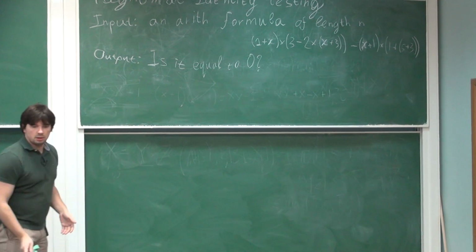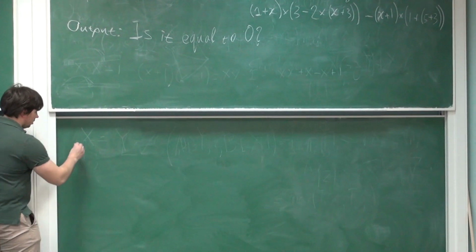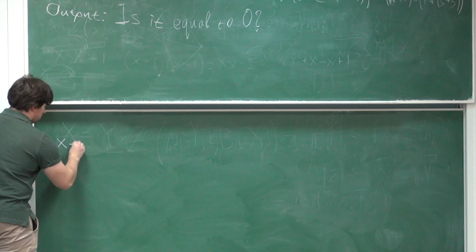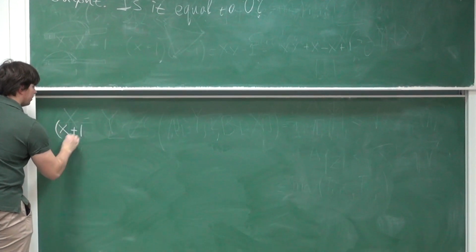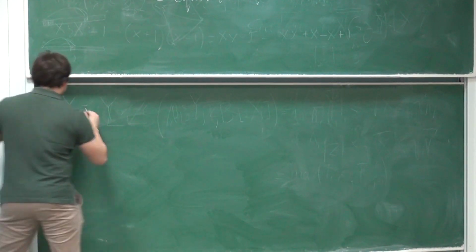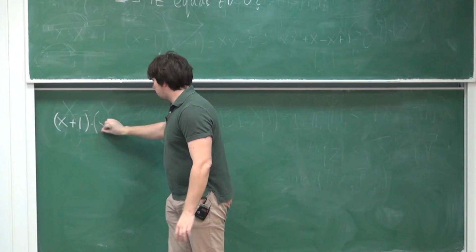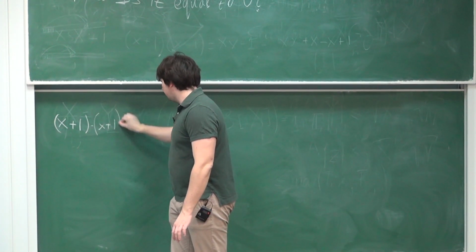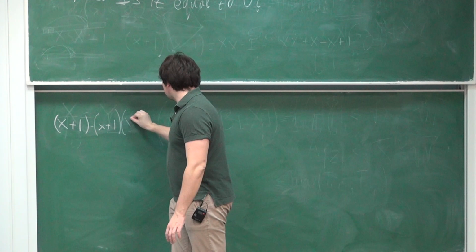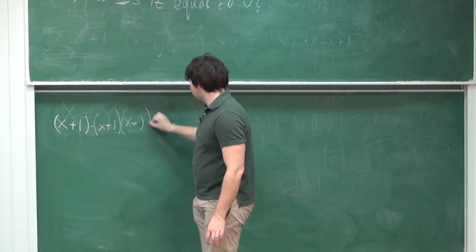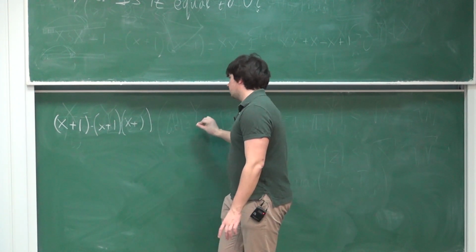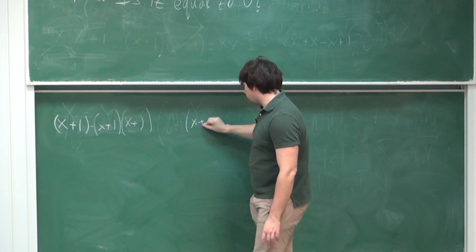So here is a formula. So we have x plus 1 times x plus 1 times x plus 1 and so on, times x plus 1.